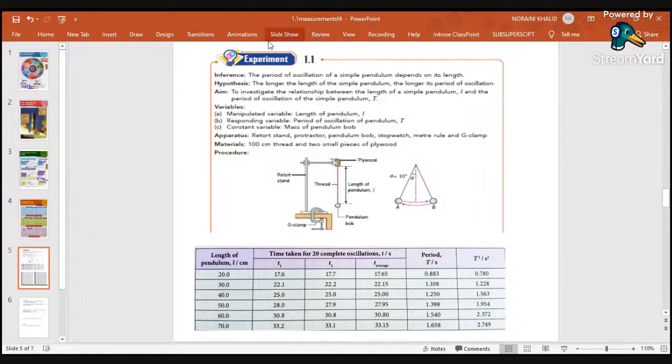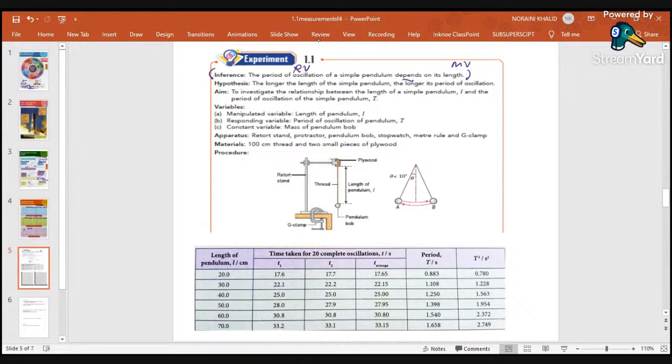Okay, let's look at one example. This is from the textbook, Experiment 1.1. This experiment is the simple pendulum experiment. Period of oscillation of simple pendulum depends on its length. So this is how you write inference: RV depends on MV.